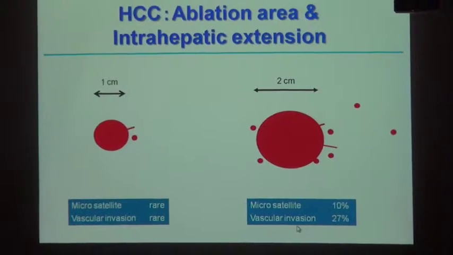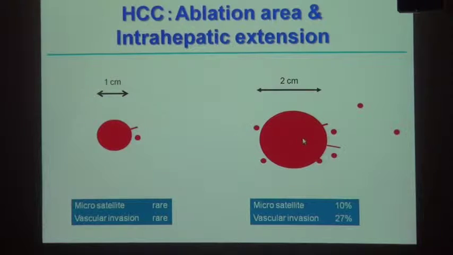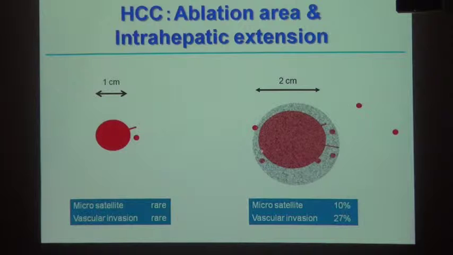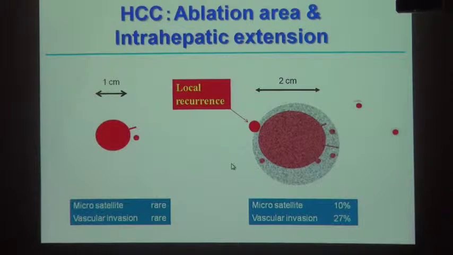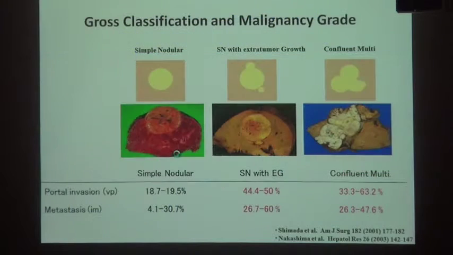Microsatellite and vascular invasion often occur with HCC more than 2 centimeters. If there is a poor ablation margin, local recurrences are likely to occur. On the other hand, microsatellite and vascular invasion are rare in smaller HCC, and then complete ablation can be achieved by RFA.